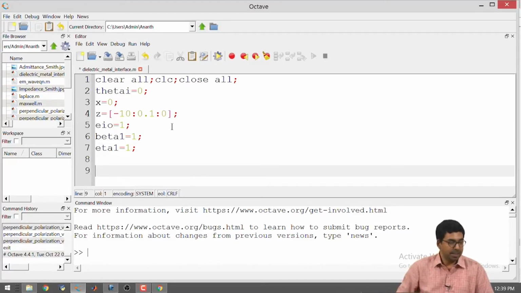Then I am just going to take the expression for the electric field. E1 is what we had written.